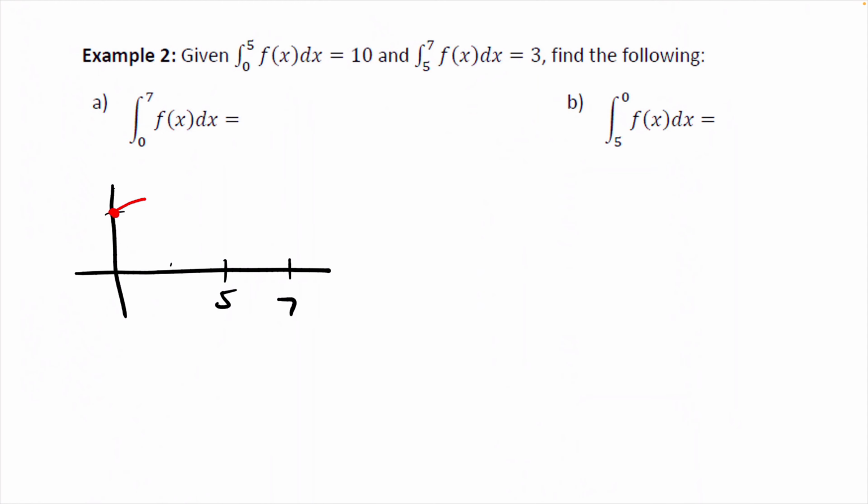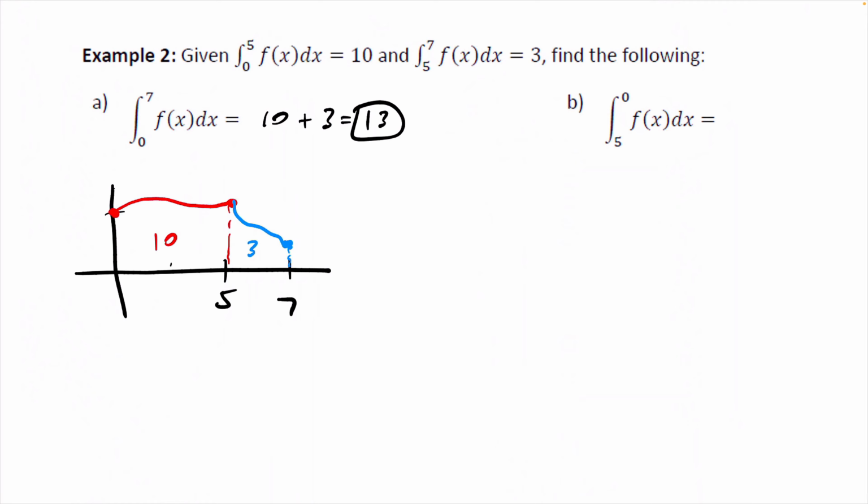So the area here is 10, and then the area from 5 to 7 is 3. So looking at the graph, what is the area from 0 to 7? 13, right?